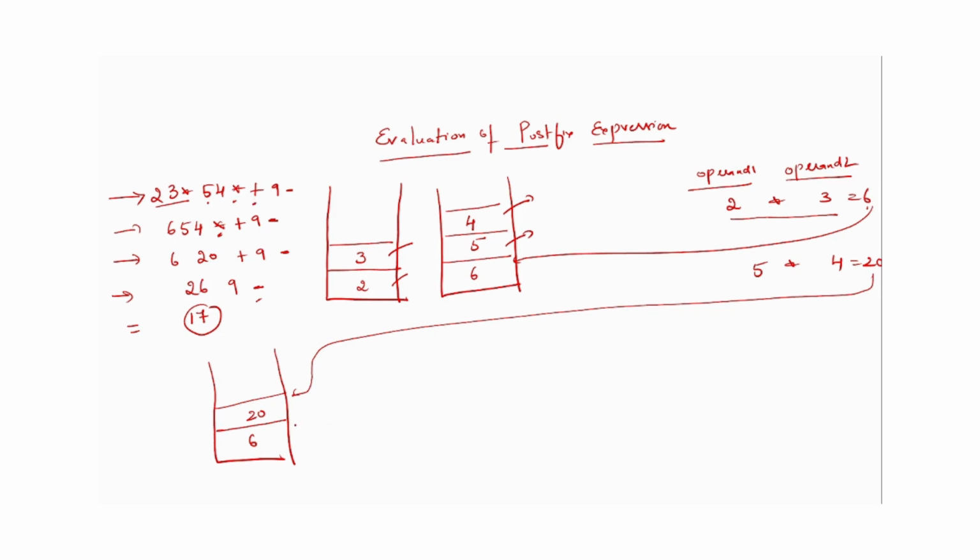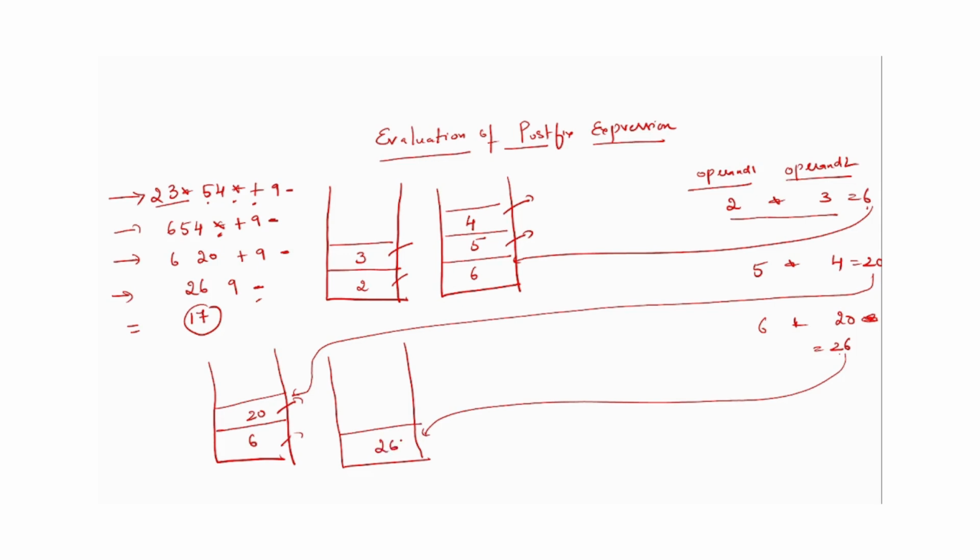I need to add 20 and 6. So 20 would be my operand 2 and 6 would be my operand 1. 6 plus 20 is 26. Correct. So I popped out both 20 and 6. Therefore, now my stack would be empty, and I will push 26 into the stack.